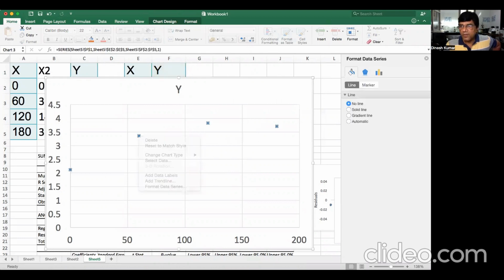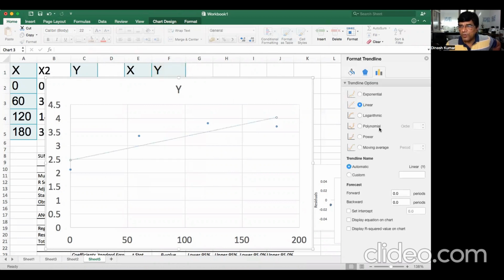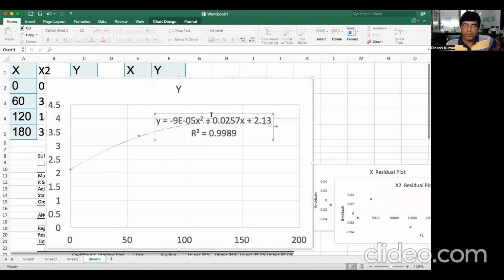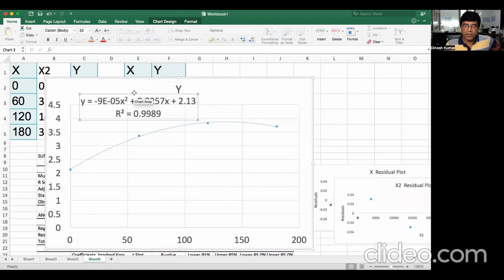Add trend line, and then you go to polynomial. Okay, so this is done. Here the title, you can write relationship between so and so, whatsoever it is.